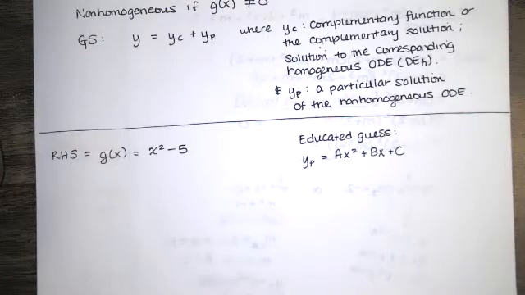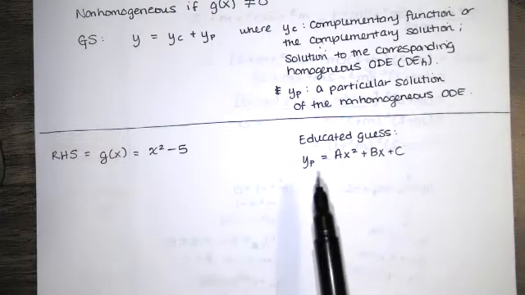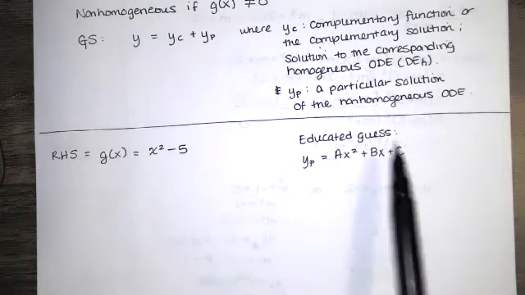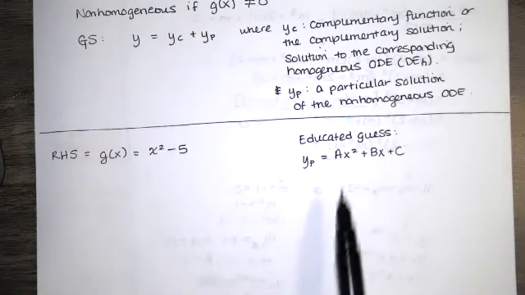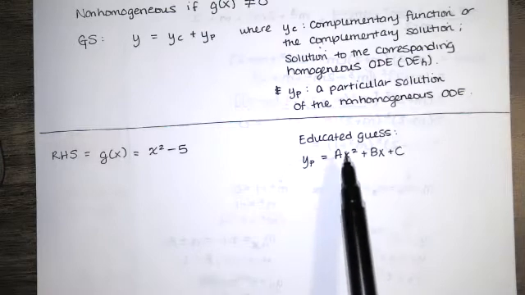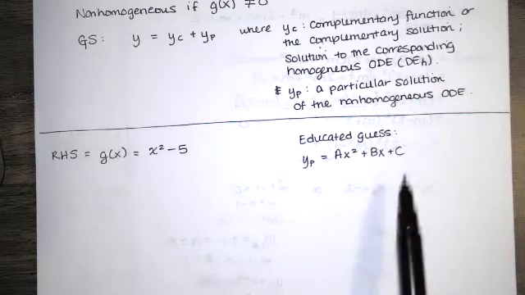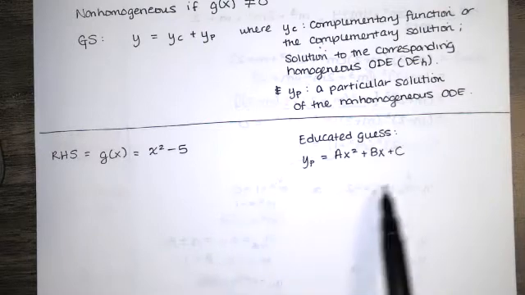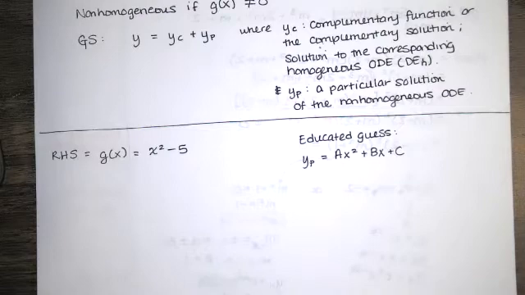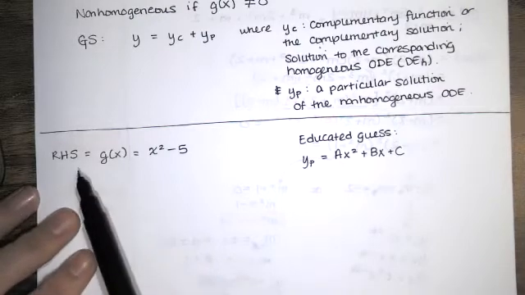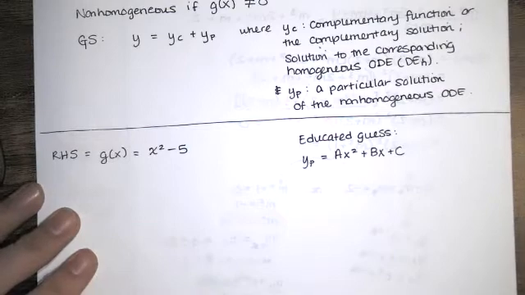That's why this is called the method of undetermined coefficients, because we're going to say, I think y sub p looks like this because of the form of the right-hand side. And then I'm going to determine these undetermined coefficients. I'm going to figure out what a, b, and c have to be to cause this function to satisfy that non-homogeneous ordinary differential equation.